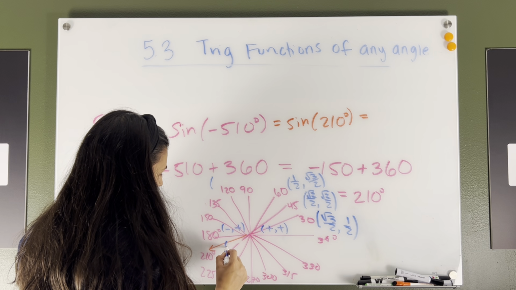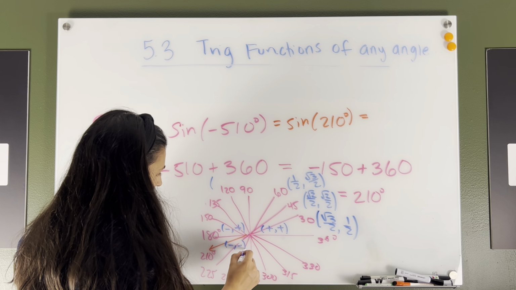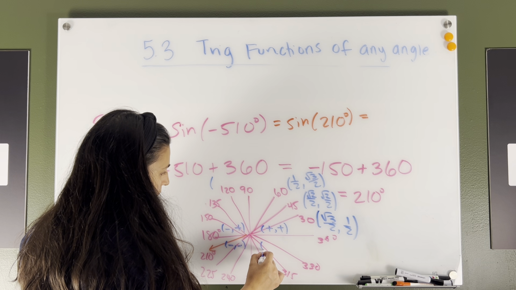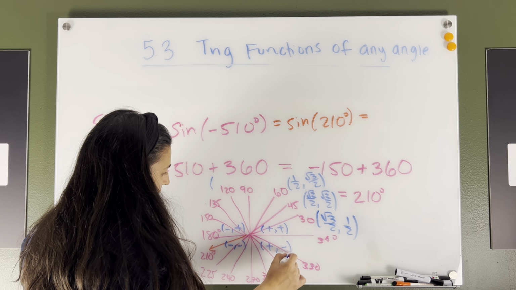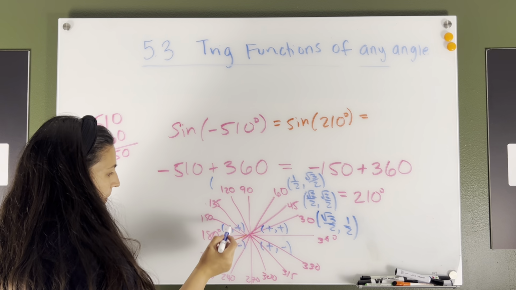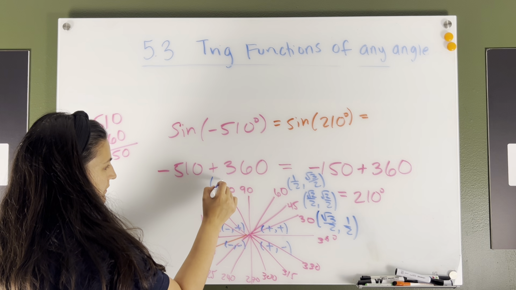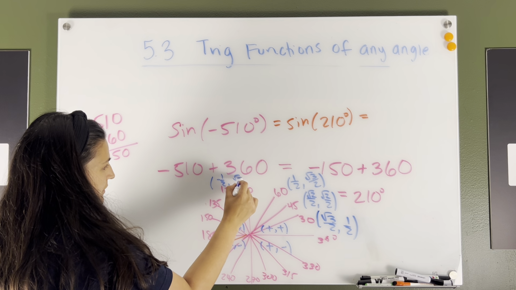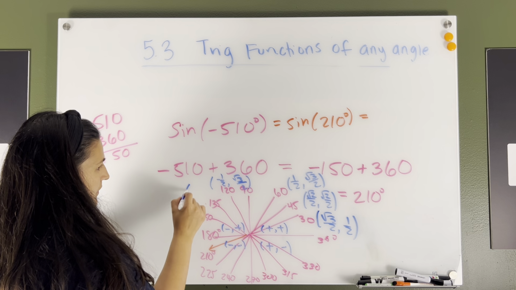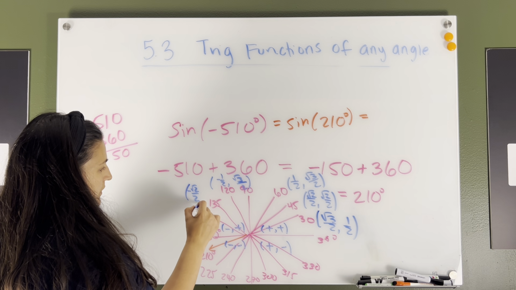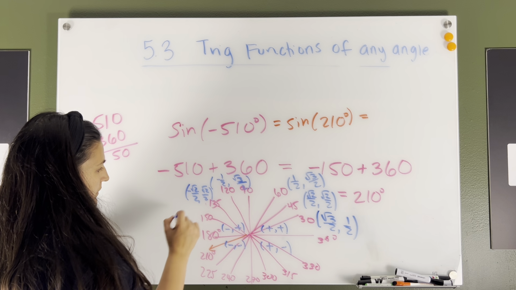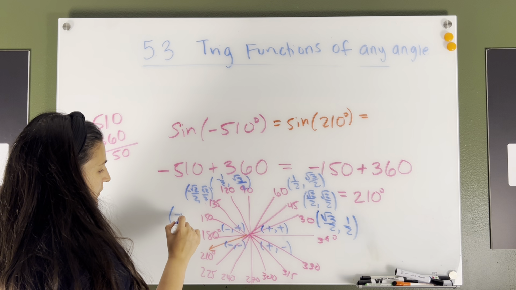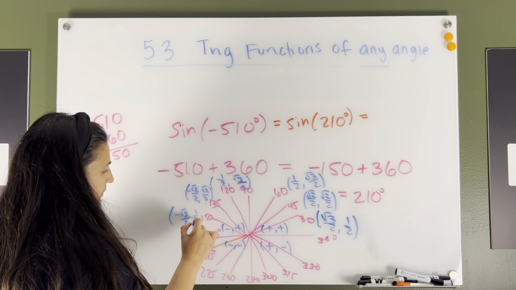Third quadrant, x value negative, y value negative. And fourth quadrant, x value positive, y value negative. So this is going to be negative for the x value, positive for the y.